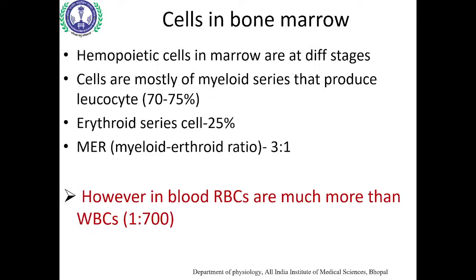Okay, now these cells are formed from the hemopoietic stem cells, we all know, and mostly of myeloid series that produce, we discussed in previous lectures that we have a myeloid and a lymphoid series, right? And most of these WBCs are also formed from the myeloid series, ठीक है? And this myeloid erythroid ratio is about 3:1. But in blood, the number of RBCs is far more as compared to WBCs.